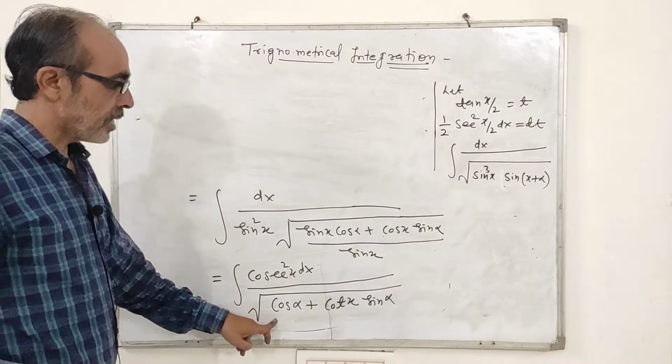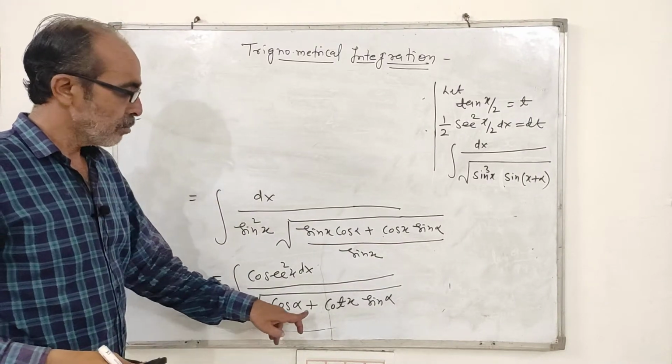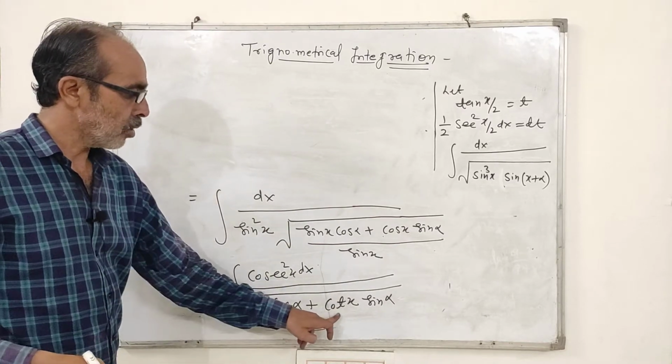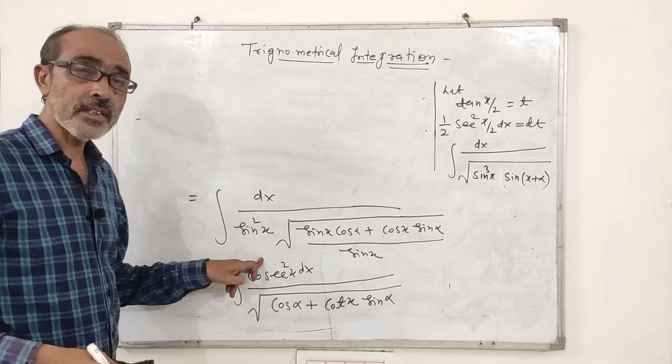And here we can easily use the substitution method, because cos alpha and sin alpha both are constant terms, but cot x is a variable and the derivative of cot x is minus cosec square x.